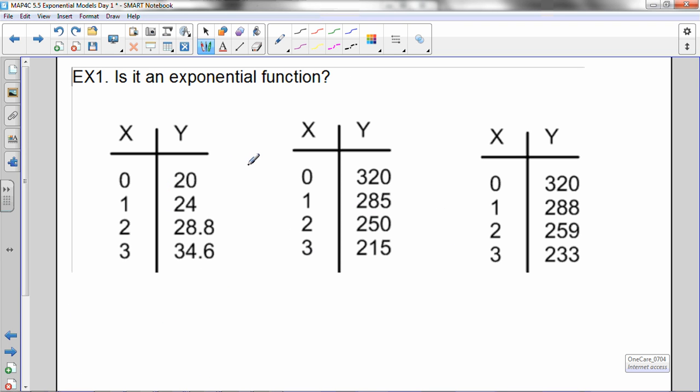So, is it an exponential function? How do we know it's an exponential function? Well, let's see if they have a constant ratio. Our x's are all going up by the same amount. Do we have a constant ratio?